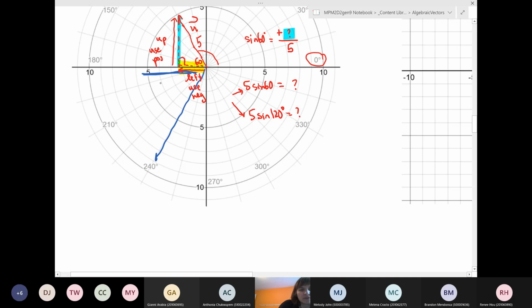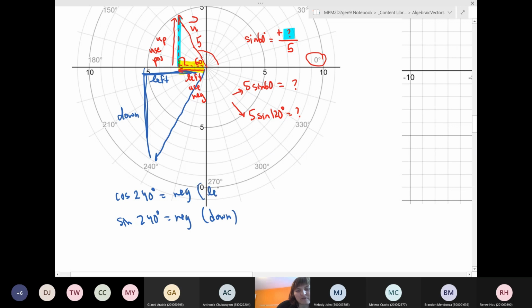Horizontal is still left, but going vertically is going to be down. So I'd like you to do cosine of 240 and verify it's a negative number. And then sine of 240, that is also a negative number because this is down and this is to the left.